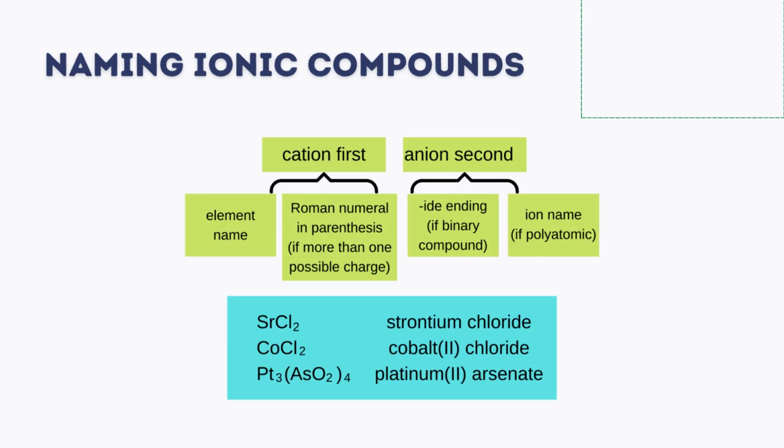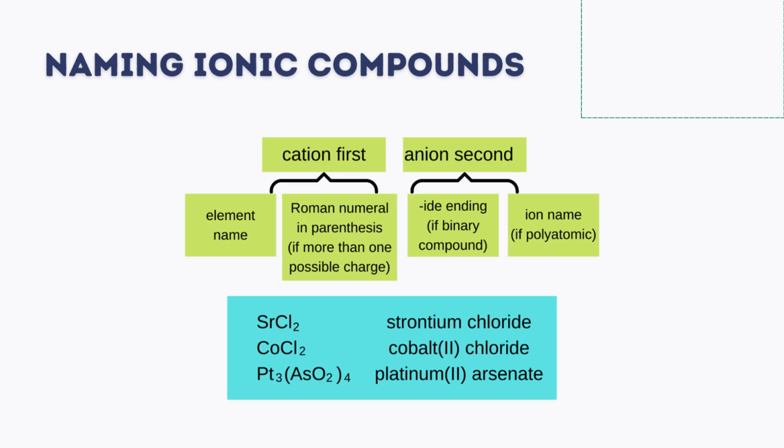Naming ionic compounds involves identifying the cation and anion, and then combining them in a specific way. The cation is named first, followed by the anion, and the name of the anion is modified to end in -ide for binary compounds. For polyatomic compounds, the ion name is enclosed in brackets.